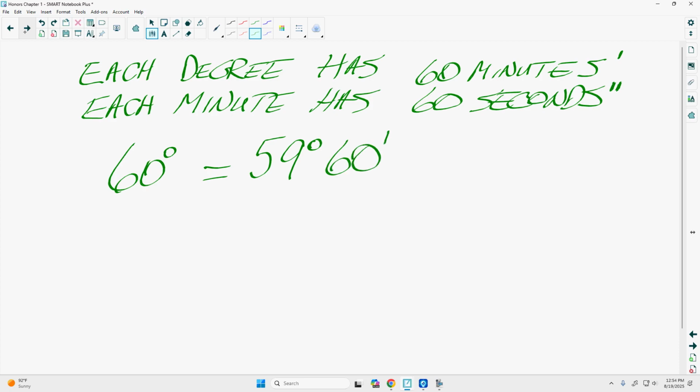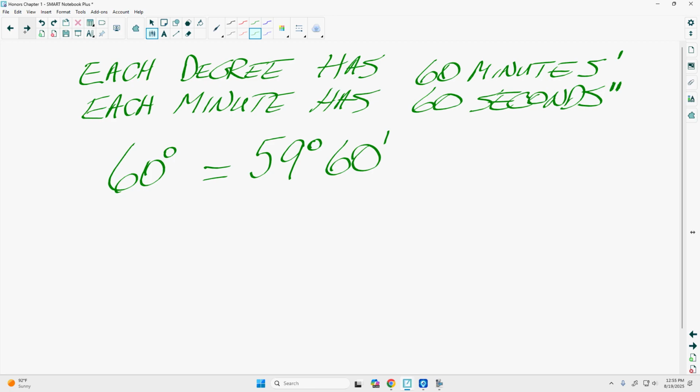It's the same thing. So if I'm talking about a 60-degree angle, I could also call it 59 60, but I never would, because that's angles. It's not time anymore, it's angles.